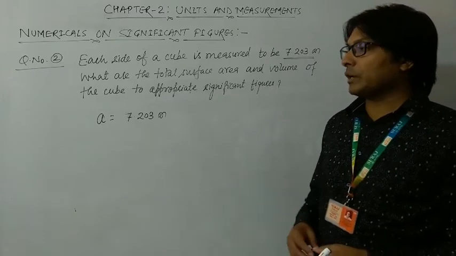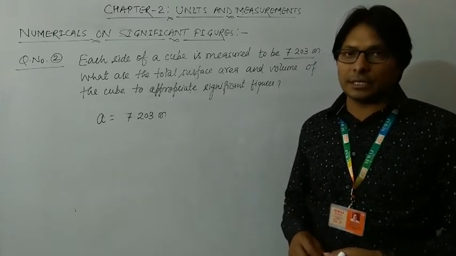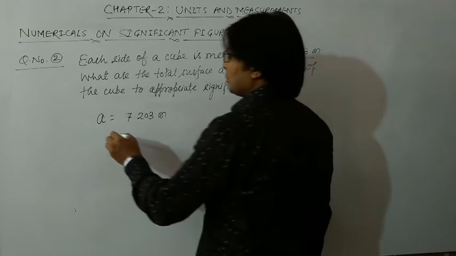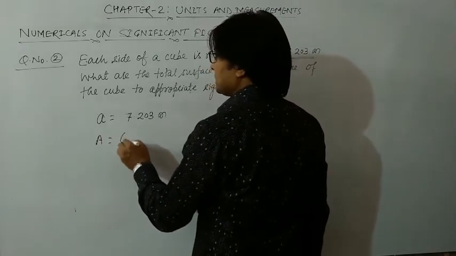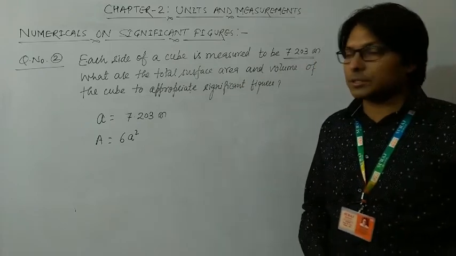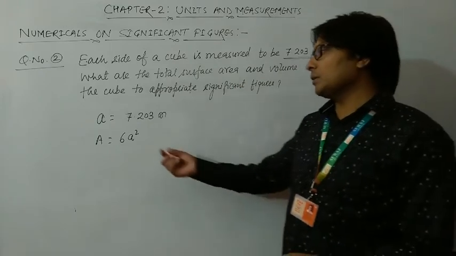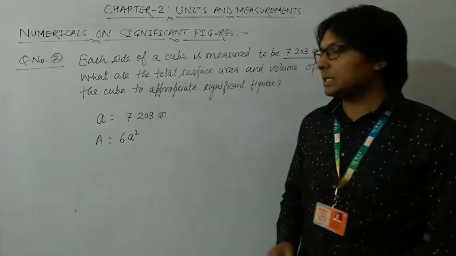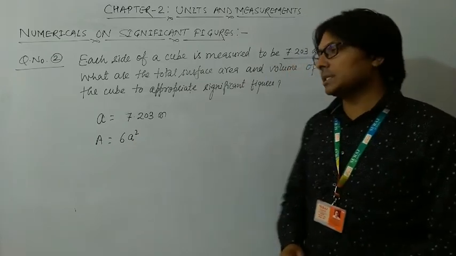So we have to find out the total surface area. The total surface area of a cube is given as 6 times the area of one face, and the area of one face, which is a square, is side square.